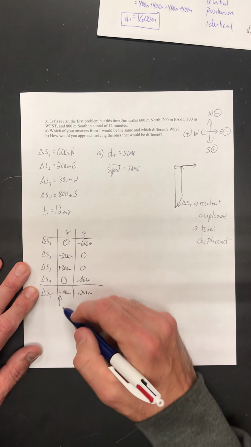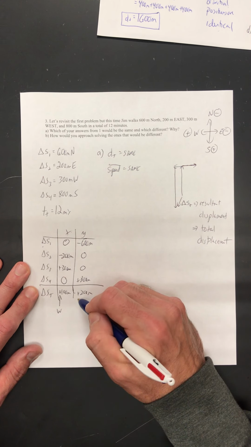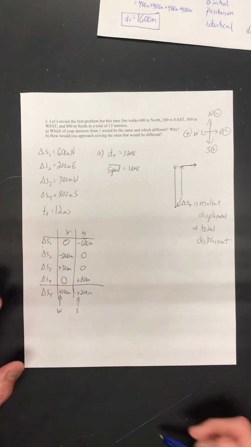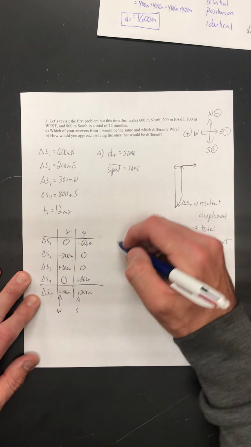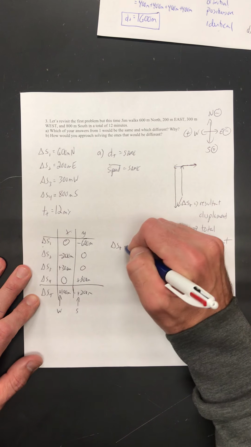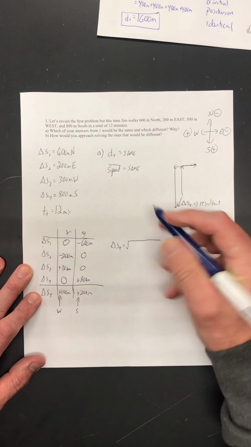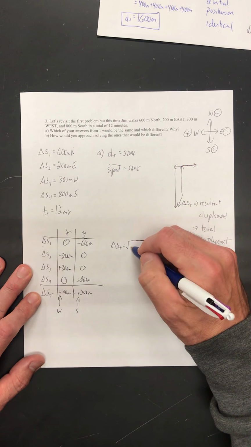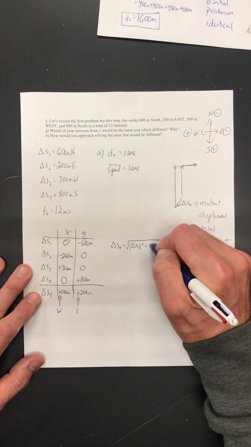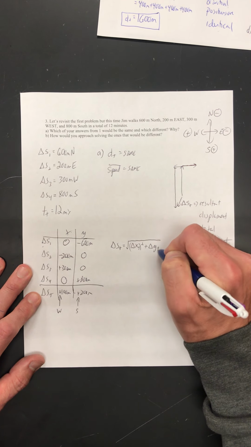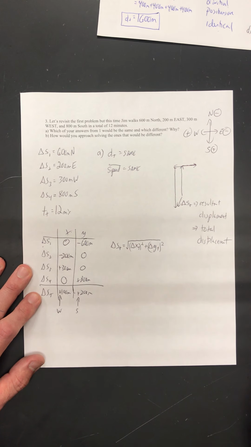That plus sign, because it's X, that means west, and that means south. That means that my final vector is south of west. So nice. So delta ST there is equal to, really what this is, if you think about it, is the square root of the total X displacement squared plus the total Y displacement squared, right?